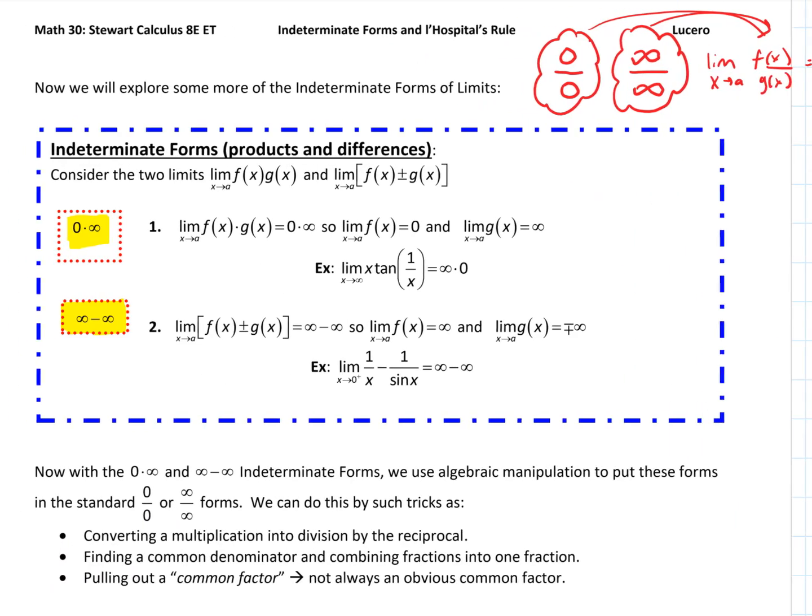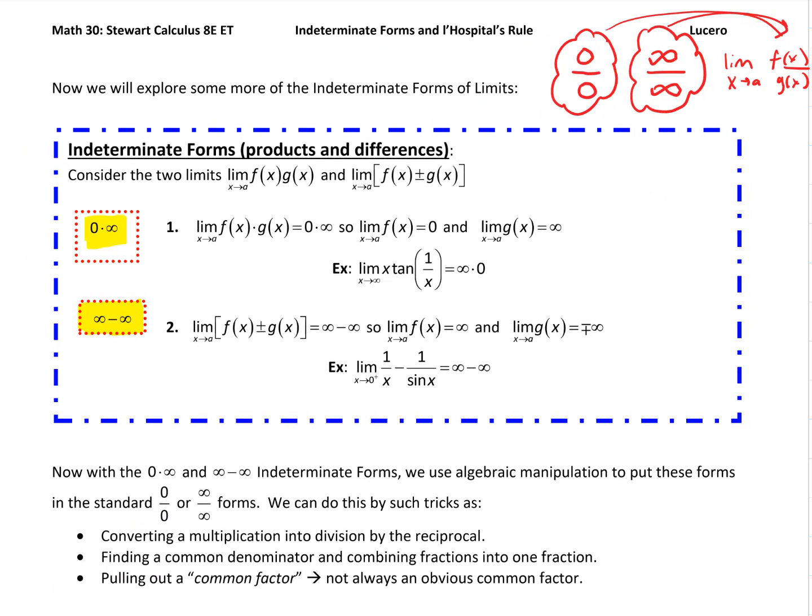So what do we do if we're not in one of those forms, right? Like, what do we do if we're not in the 0 over 0 or the infinity over infinity, and yet we still have something that's indeterminate? Well, what we can do is we can just use a little bit of algebraic manipulation. We can turn a multiplication into a division pretty easily. We just use the reciprocal. We can do things like pulling out common factors, finding common denominators. There's all kinds of little techniques that we can do, but we've got to get it into one of those forms.